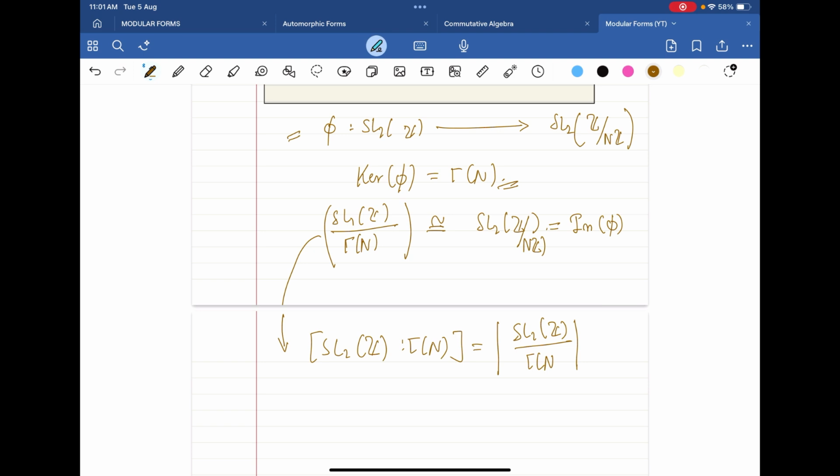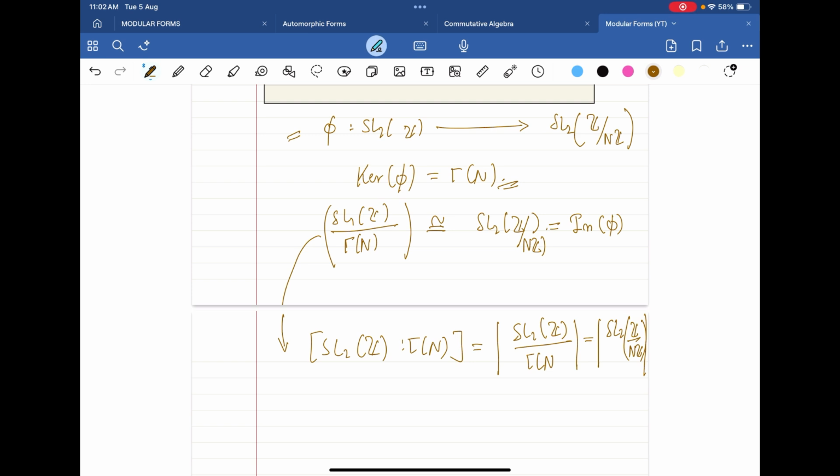And because of the isomorphism defined above, we are just finding the number of cosets of gamma n, so the cardinality is equal to the cardinality of SL2 of Z mod NZ.